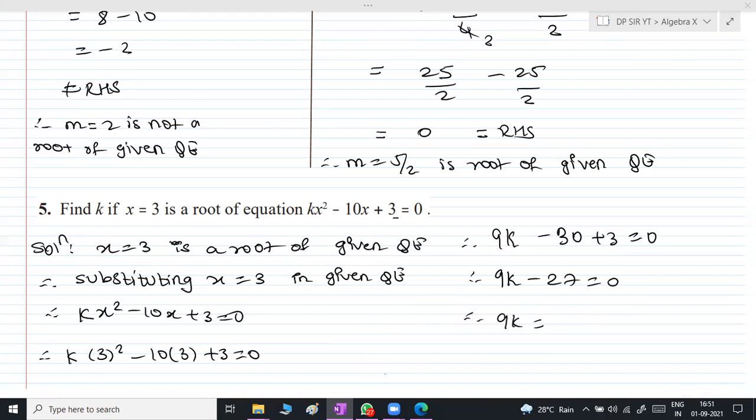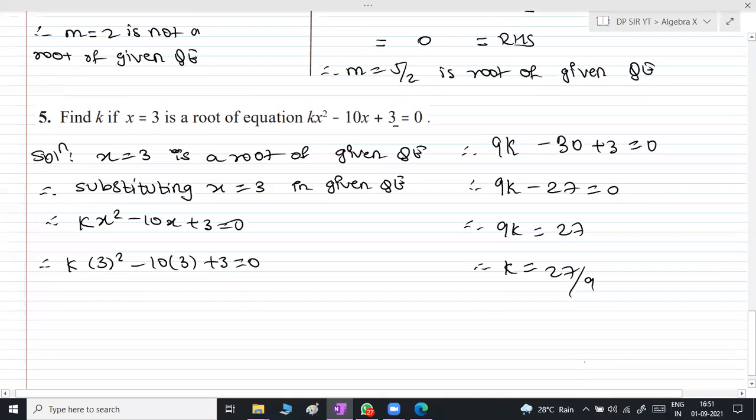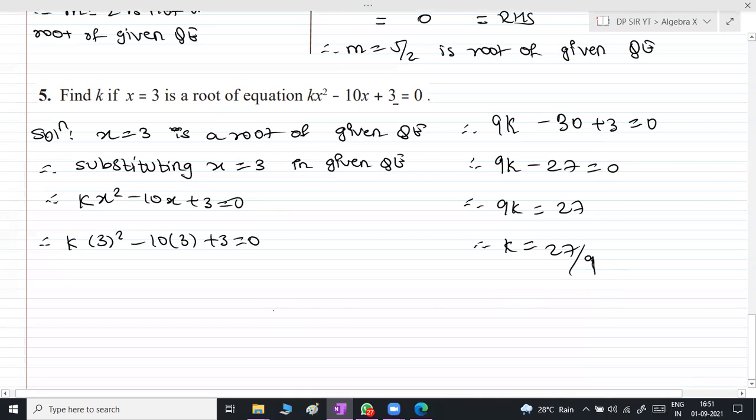Therefore, 9k is equal to 27, isn't it? Therefore, k is equal to 27 upon 9, and therefore, k is equal to 3. Therefore, what is the value of k, my dear students? It's 3, isn't it?